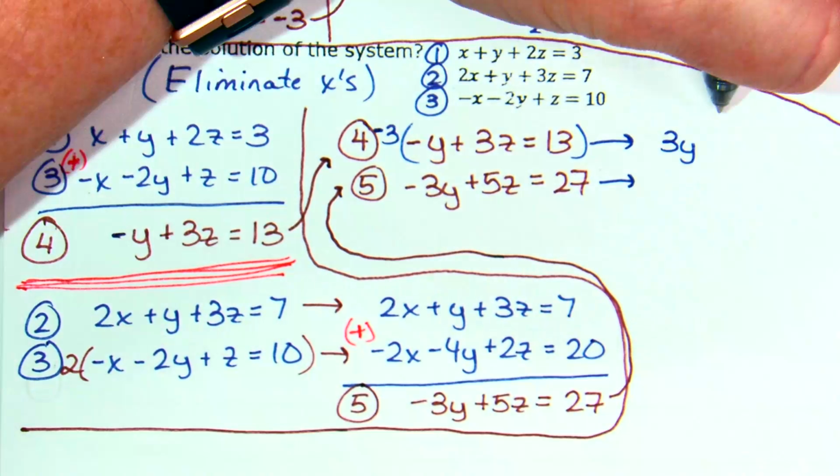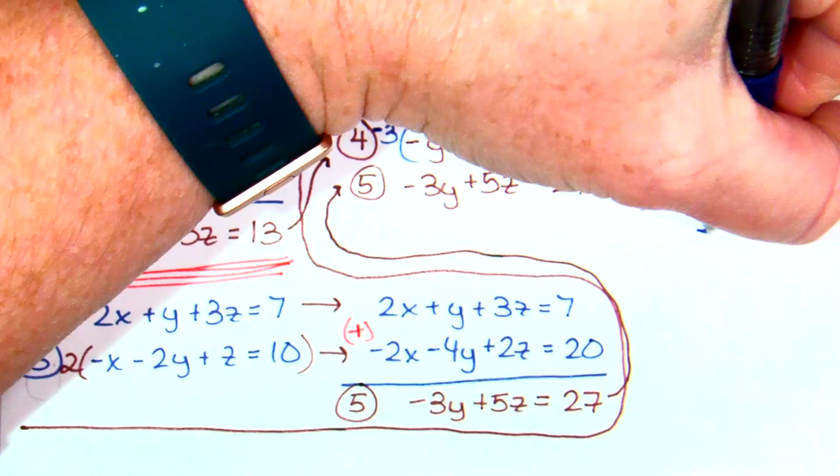And my 3y's have opposite signs, so we're going to add 3y plus negative 3y. Cancels. Negative 9z plus 5z, negative 4z. Negative 39 plus 27 is negative 12.